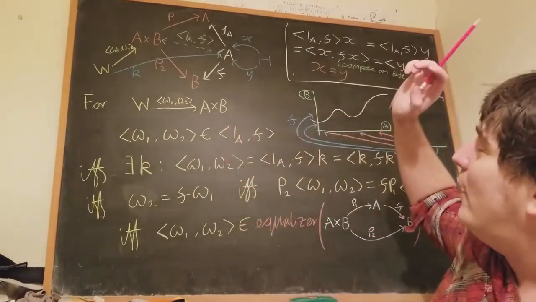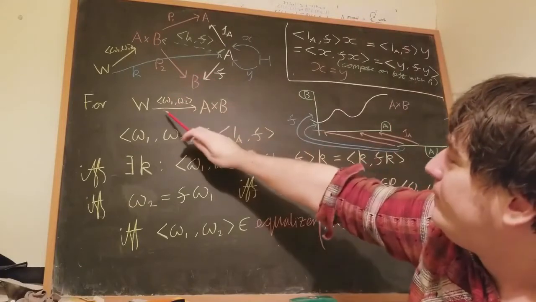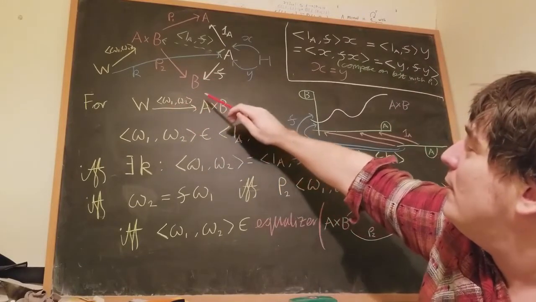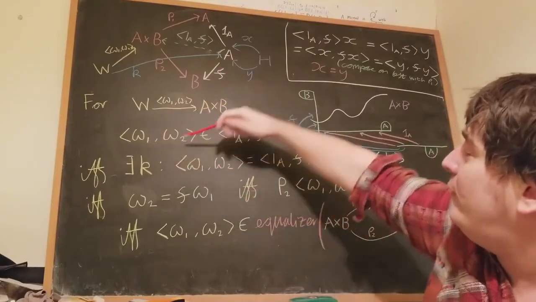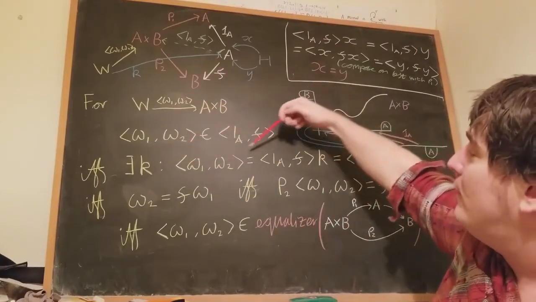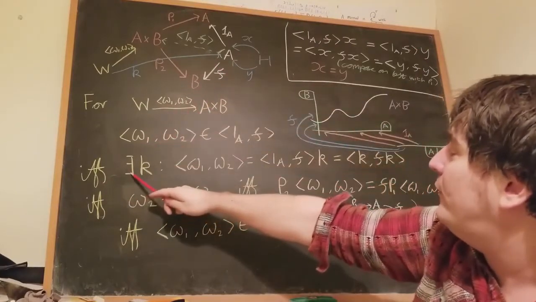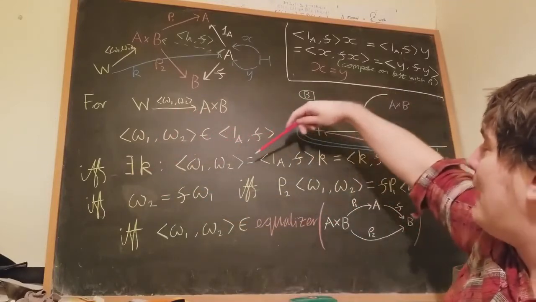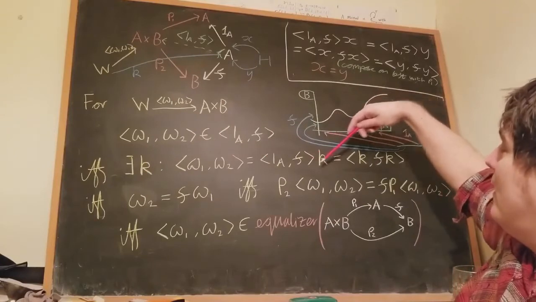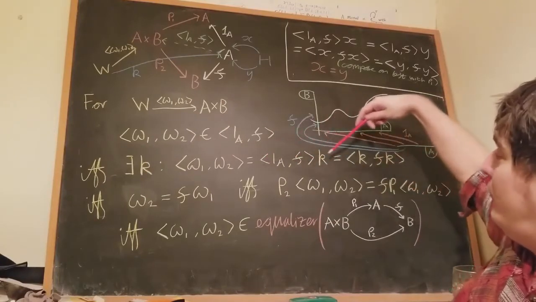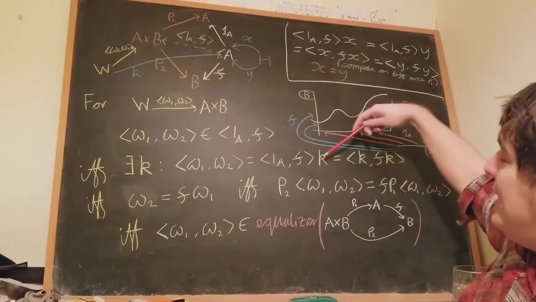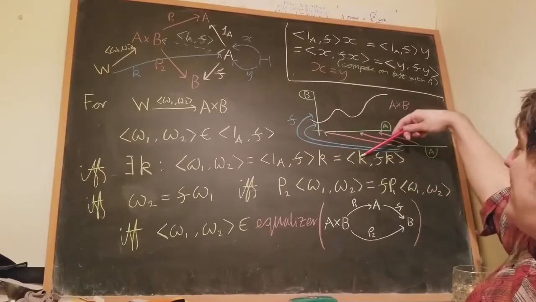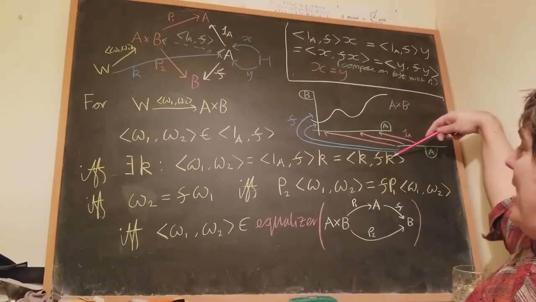For this arrow W1, W2, we're going to have that this is in our graph arrow if and only if there exists a k such that W1, W2 is this graph arrow after k, and we can clean this up by taking the k inside the brackets and see that this is equal to k comma f after k.